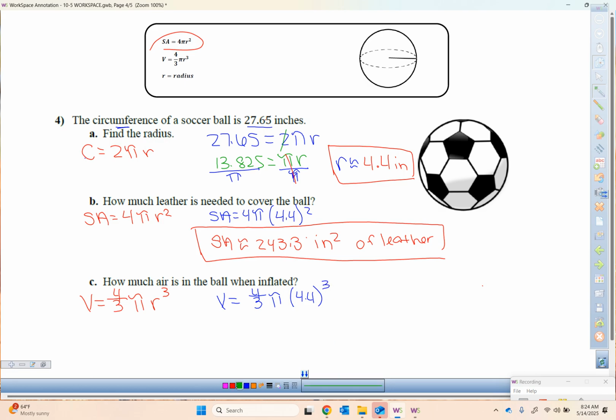So when we punch this in our calculator, we should get a number, and if everybody wants to check to make sure you're doing it right, 356, is it 0.8? Is that what you guys got? 0.8? Good, okay. Inches cubed of air. All right, any questions on how we did those? Okay, let's go ahead and move on.